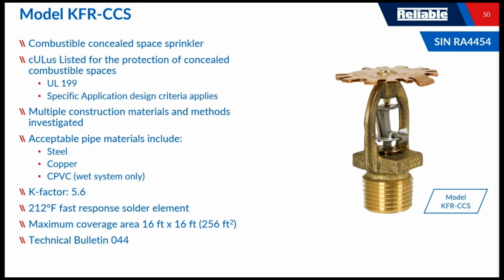We have maximum coverage areas up to 16 by 16 with this product. We use a fast response solder link element, the only sprinkler of this type with a solder link element. When we think about installing these sprinklers in a space and then we cover them up forever, we feel that a more durable operating element like the fusible link is a better option.